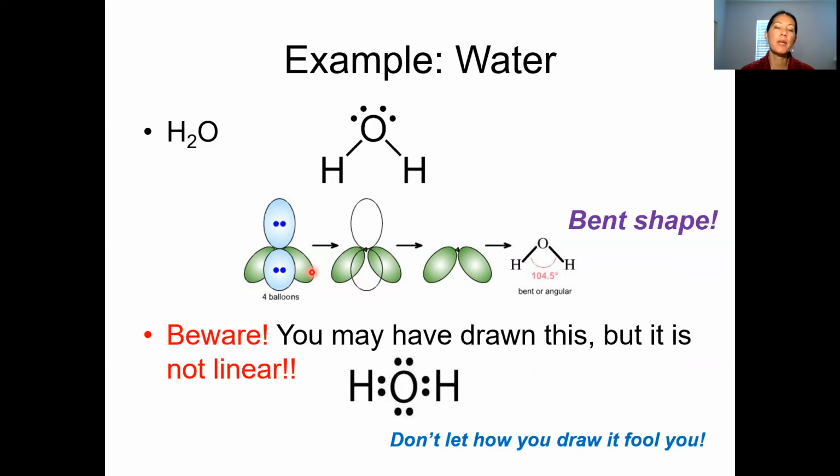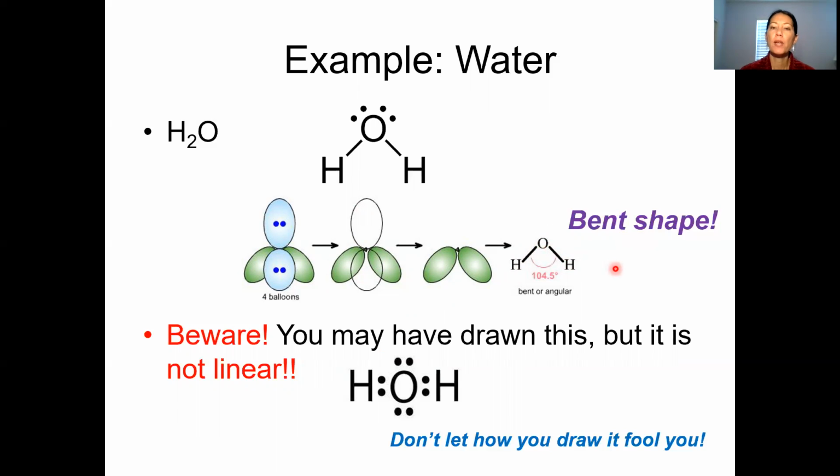But if we want to name the shape of water, because it has lone pairs, we don't call it tetrahedral. We erase the lone pairs, so to speak, and you look at what's left. And what you have is this bent shape. So we call it bent. Sometimes you'll see it referred to as a V shape.